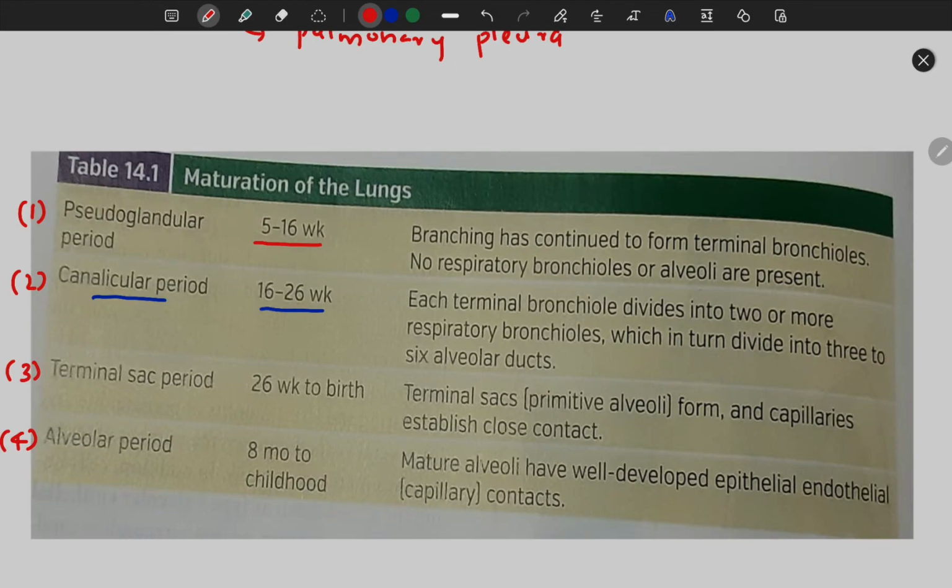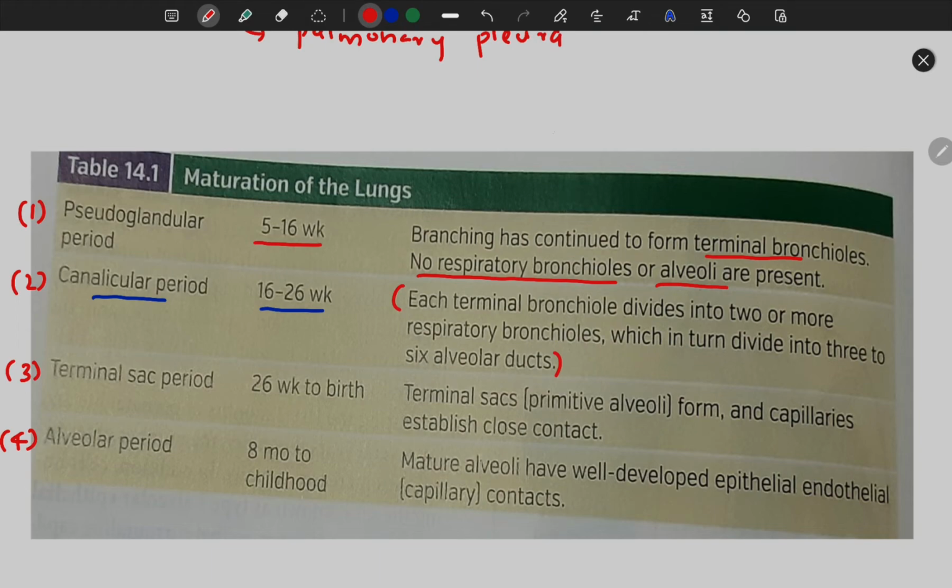So in the canalicular stage, each terminal bronchiole divides into two or more respiratory bronchioles, which in turn divide into 3 to 6 alveolar ducts. It should be noted that in the pseudoglandular period, there is no formation of the respiratory bronchiole or the alveoli. Only up to terminal bronchiole is formed.